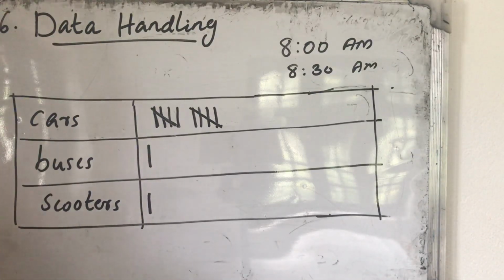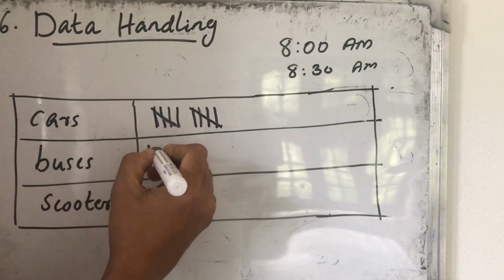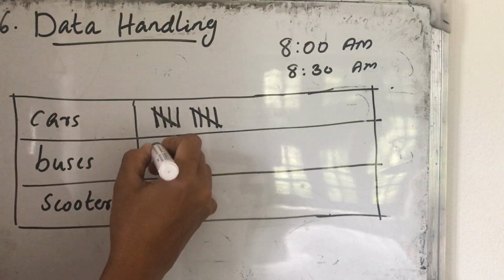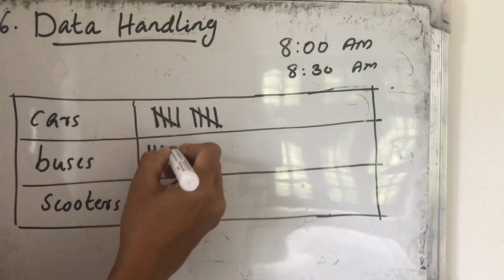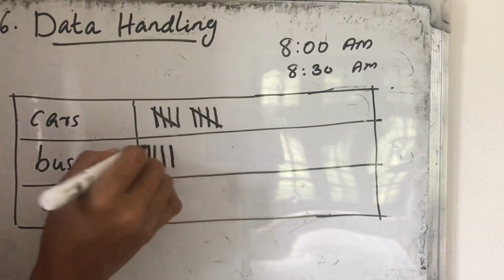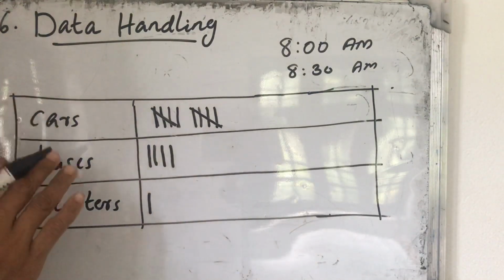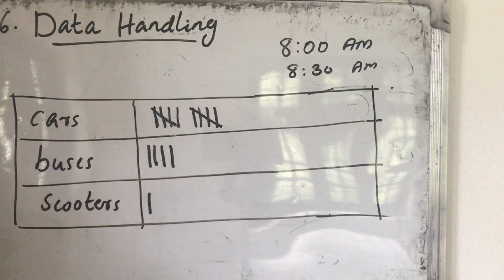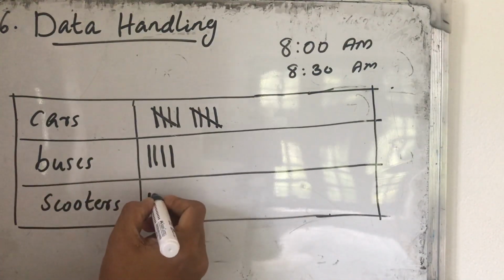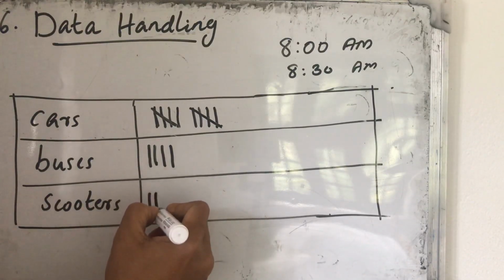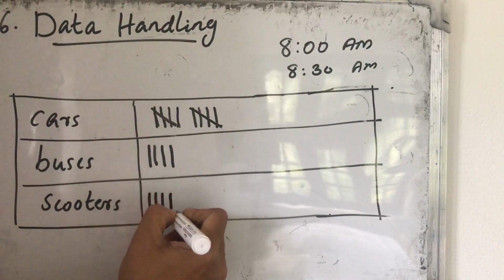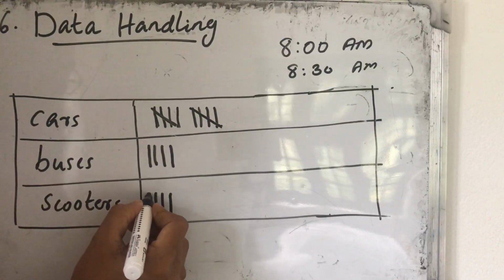Now suppose you counted the number of buses: 1, 2, 3, 4. Only 4 buses in half an hour. Next scooters, when we count, suppose you marked 1, 2, 3, 4, then the fifth one we mark like this.